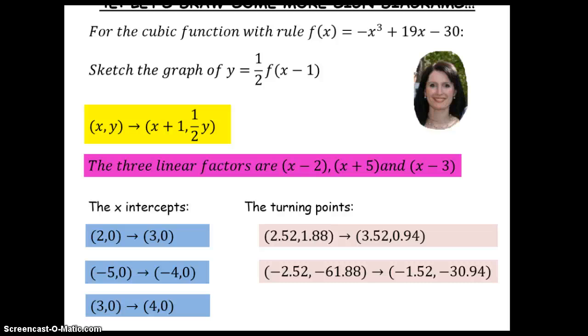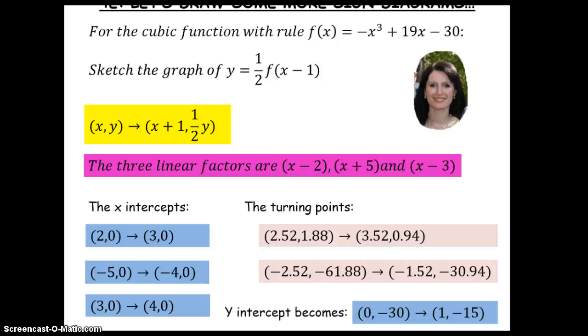Negative 2.52 plus 1 is negative 1.52, and half of negative 61.88 is negative 30.94. So there are our new turning points. And lastly, our y-intercept of (0, negative 30), well, we don't have that same point anymore. 0 becomes 1, and negative 30 becomes negative 15. So that's where that point goes to.